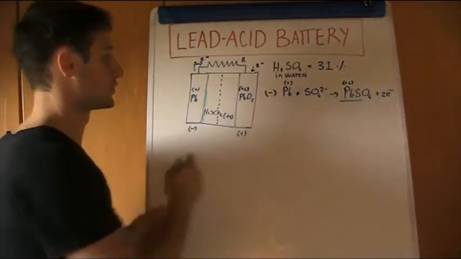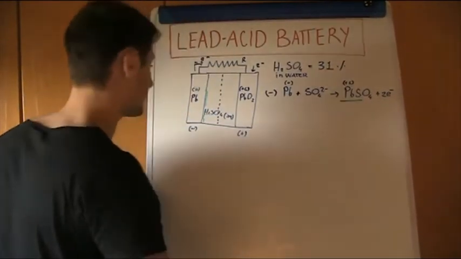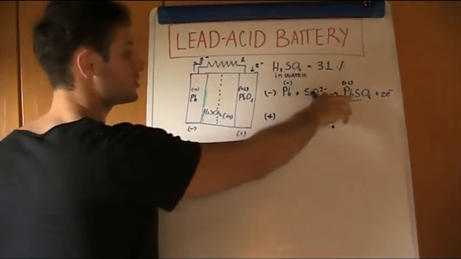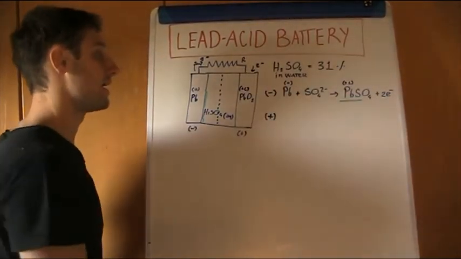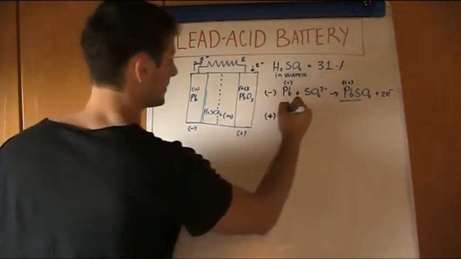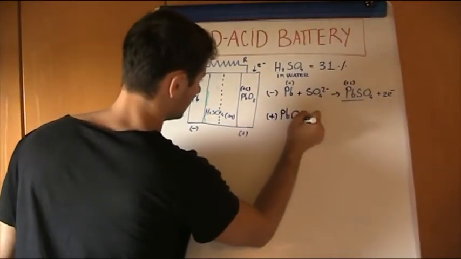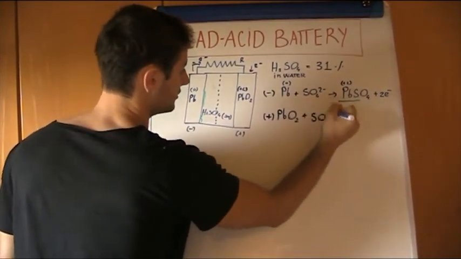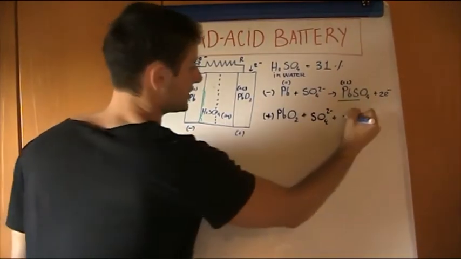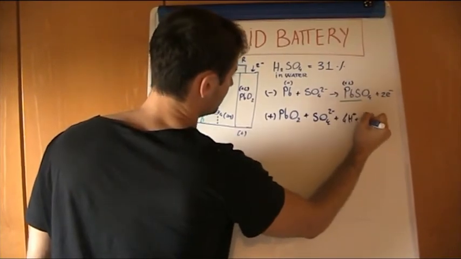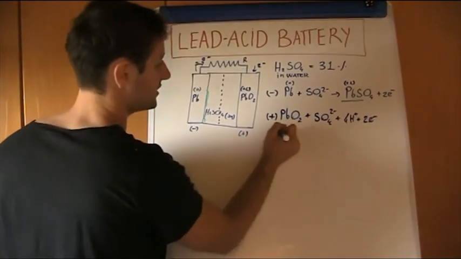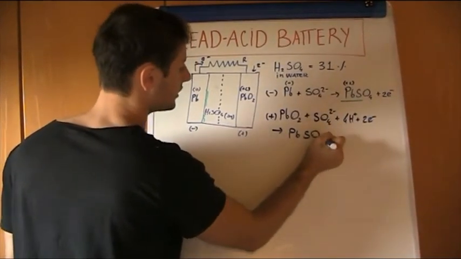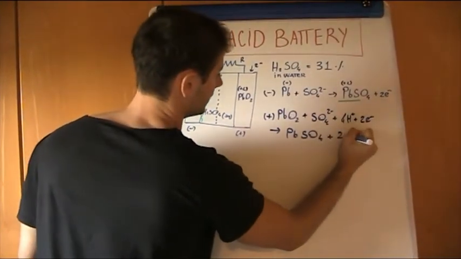This is for the negative pole, but we also have the positive one, in which again we have the formation of lead sulfate, but in this case starting from lead peroxide reacting with again this anion plus 4 times H plus and the 2 electrons. And this leads to the formation of the corresponding lead sulfate and water.